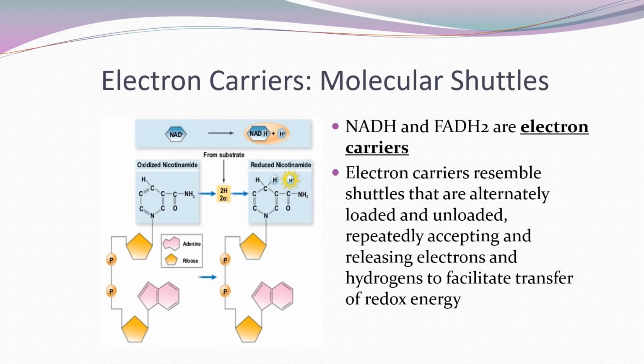Now back to those electron carriers. Remember that is the NADH and FADH2. This means that they are going to hold electrons or energy for a short period of time. This is not a process where the NADH and FADH2 are going to hold on to electrons forever.